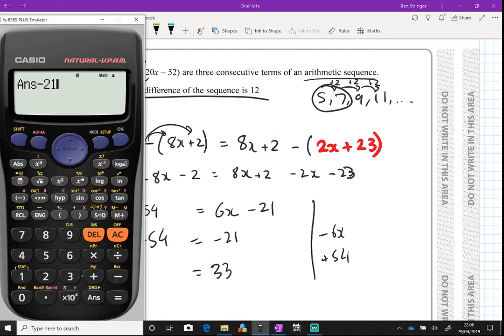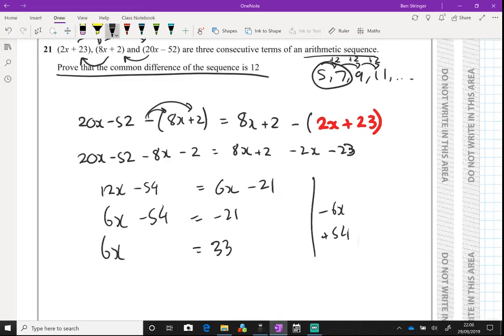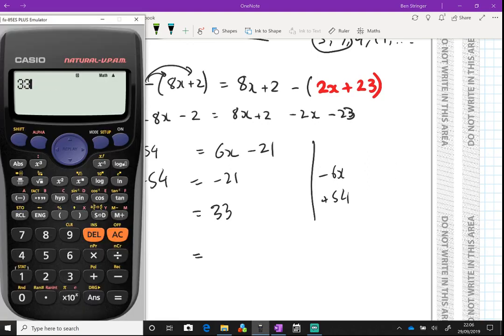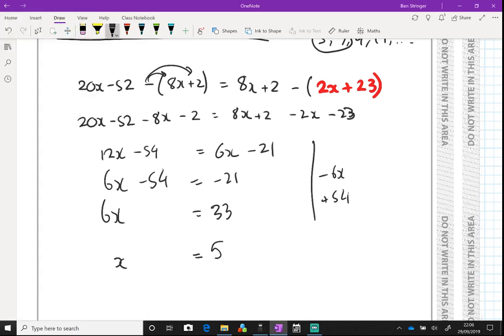It's getting late. Oh, negative 21 and 54. Okay, so 6x is 33. X is not a whole number. I do not like this. 33 divided by 6, I do not like this at all. 5.5. It's not a weird recurring decimal though, so I may have completed this correctly.